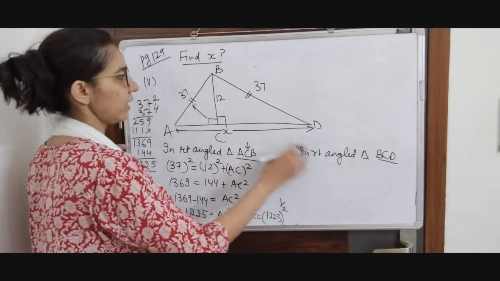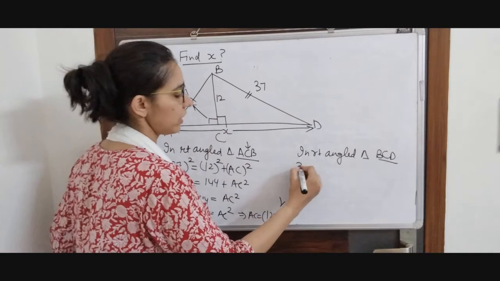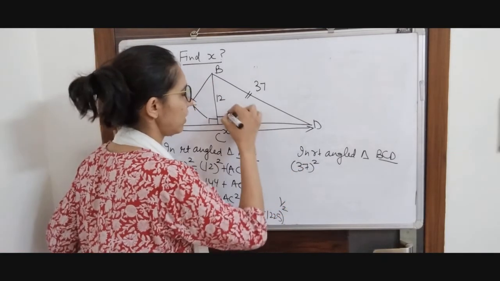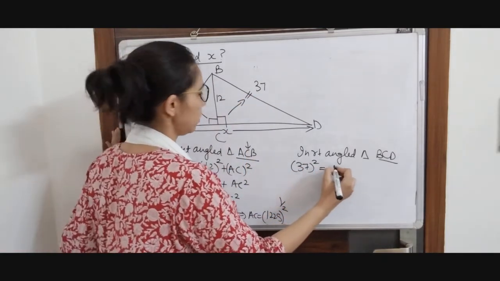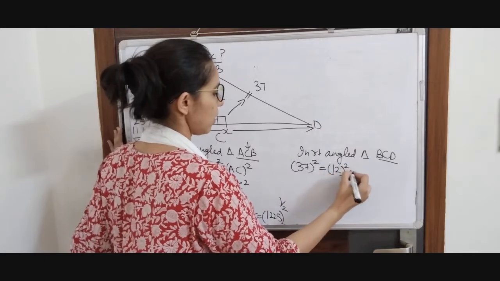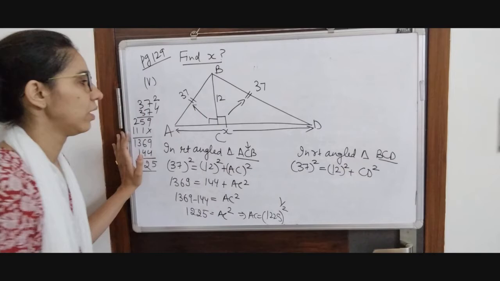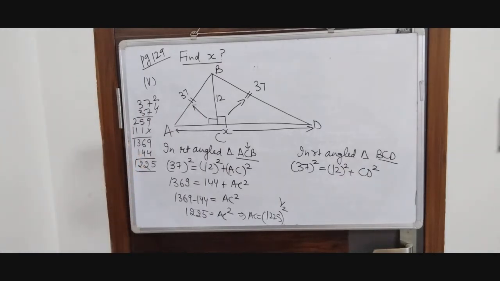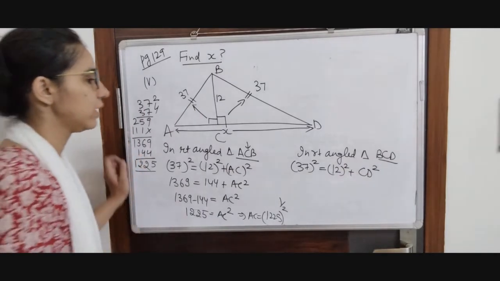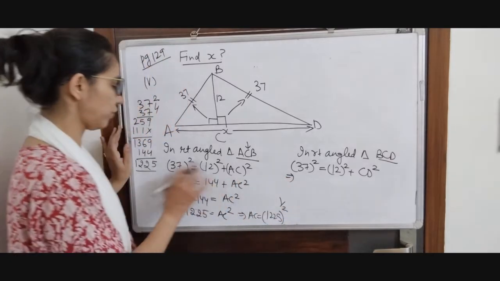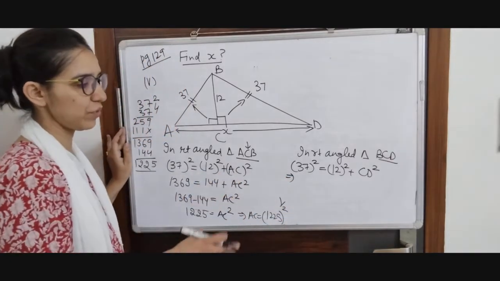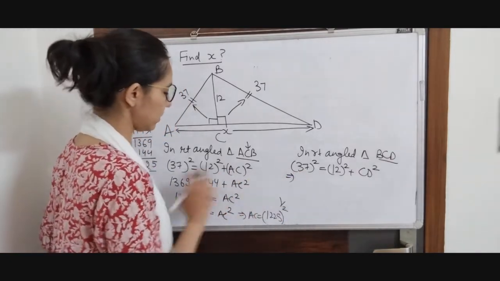Similarly, in this right angle triangle BCD, your 37 square, which is the hypotenuse, is going to be your 12 square plus CD square. Okay. So similarly, we will do the same calculation. In fact, we don't need to do that because the numbers are same.